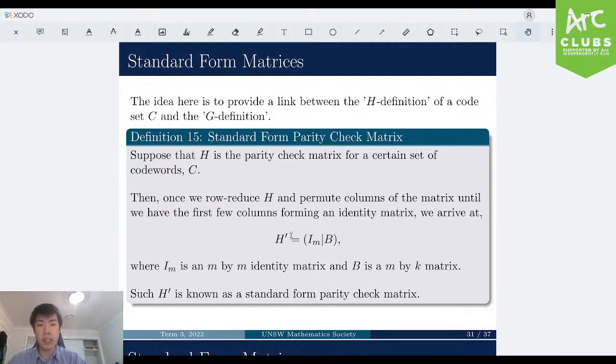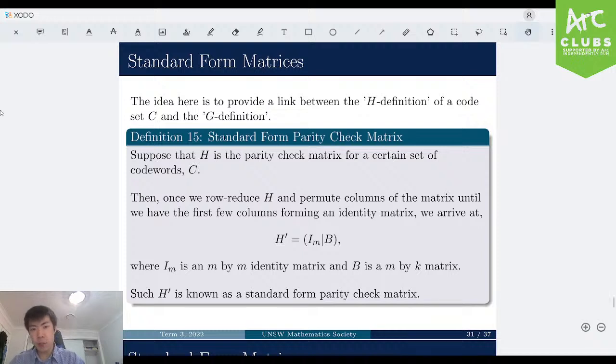Okay. Another thing to look at is standard form matrices. The idea here is to provide a link between the previous definition and this generator matrix definition, right? Suppose we have H, a parity check matrix from the previous definition.